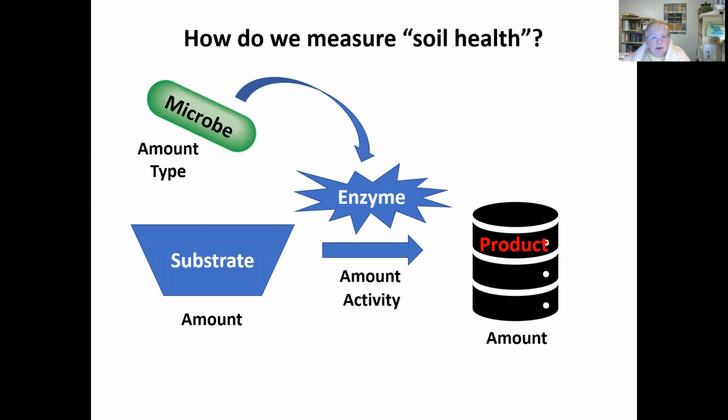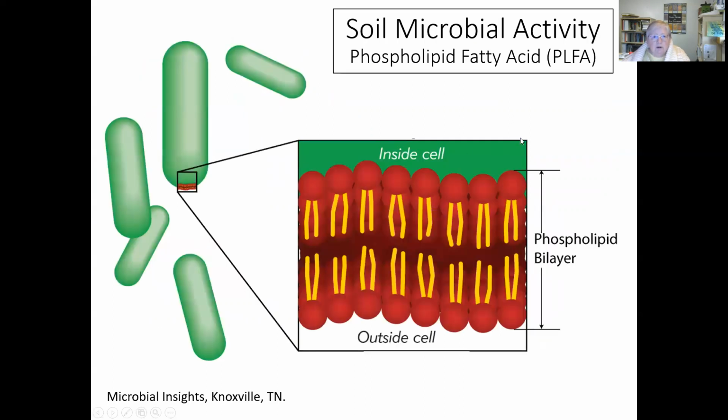Getting back to how do we measure soil health, let's look at how we can measure microbes. And again, we can measure the amount and the type. One of the most ubiquitous measurements for soil microbial activity is called the PLFA, which stands for phospholipid fatty acid.